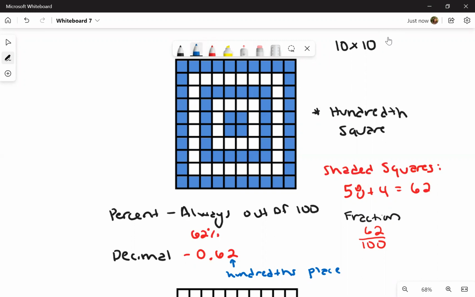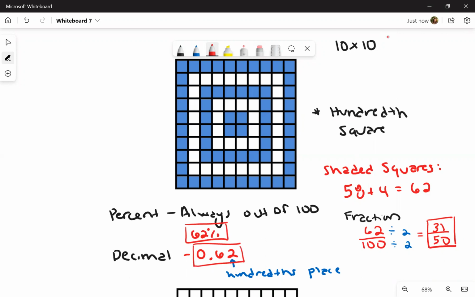So let's go ahead and reduce this fraction. I definitely can divide both of them by 2. So 62 divided by 2 is 31 out of 50. And that's as reduced as that's going to be because 31 is a prime number. Well, there you go. I've written it as fractions, decimals, and percents.